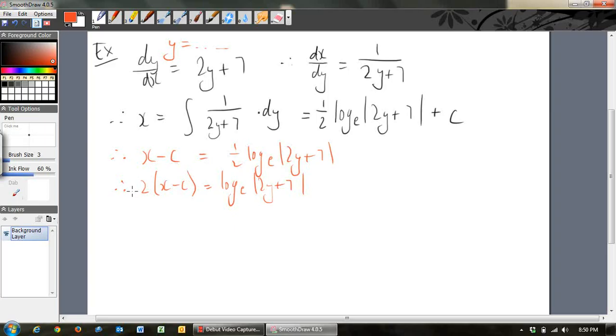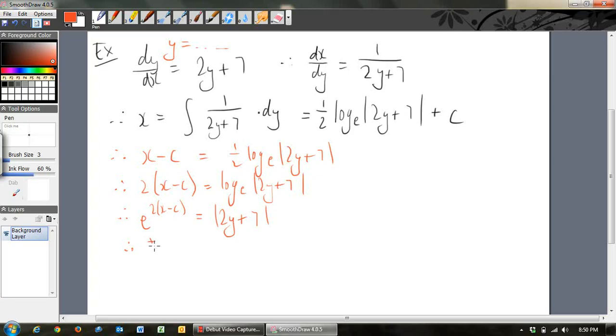Fantastic. Take the exponential of both sides, so you get e to the 2 times x minus c is equal to the modulus of 2y plus 7. Now, we can't just remove that modulus, we need to actually deal with it. This could be positive or minus because we've got the modulus here.